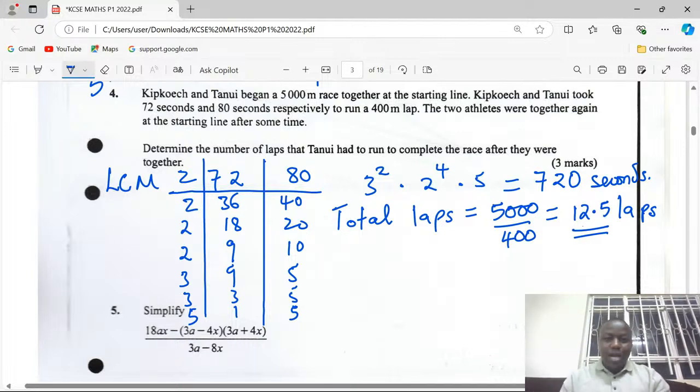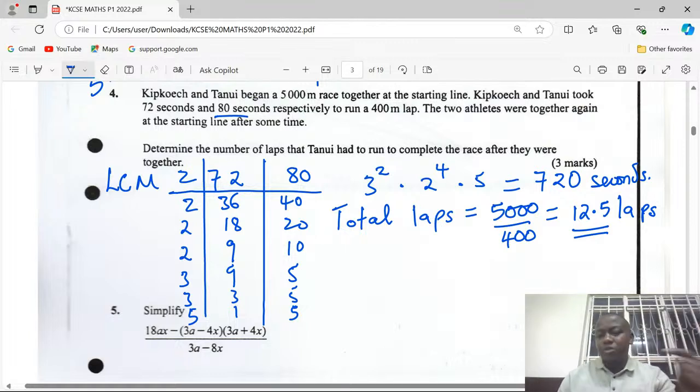Now with these total laps, we can also look at Tanui as an individual, whereby he is running at 80 seconds in every 400-meter lap. So if he has already run for 720, how many laps has he covered at this time when they are together at the starting point?